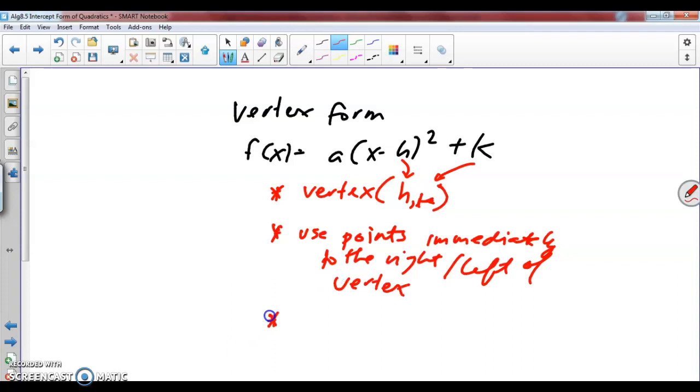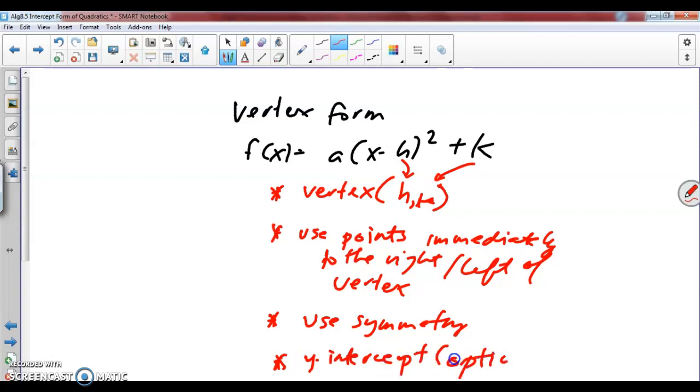And once you have found one point, use symmetry to find its partner on the other side. Now, this is optional, but if possible, find the y-intercept also. Okay, but this is optional. All right, so those are the techniques so far.